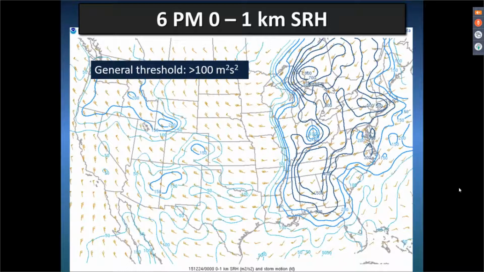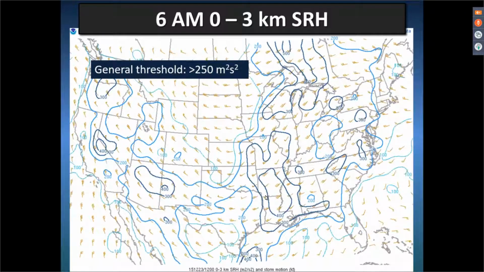Now we're getting really concerned. That means there's a lot of wind shear present, not only in the atmosphere itself, but in the lowest level of the atmosphere. And that's really conducive for the potential for tornadoes. So, all right, let's keep that in mind.